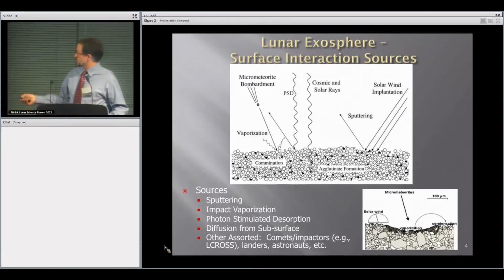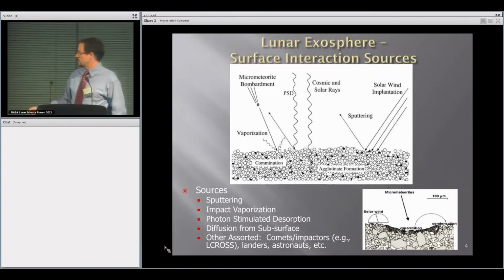Photon-stimulated desorption is another important source for sodium and other constituents. And micrometeorite bombardment is an exogenic source of materials that also vaporizes the surface. There are sources of gas from below the surface, and these diffuse upwards from radiogenic materials or more primordial gases that were trapped beneath the surface upon formation.